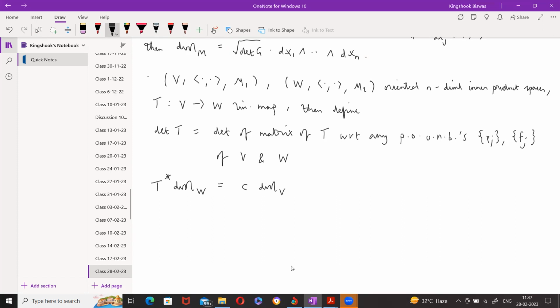So this constant C, I can write as C dvol_V acting on e_1 to e_n, where e_i is a positively oriented orthonormal basis of V. Now this C times dvol_V is T star dvol_W.